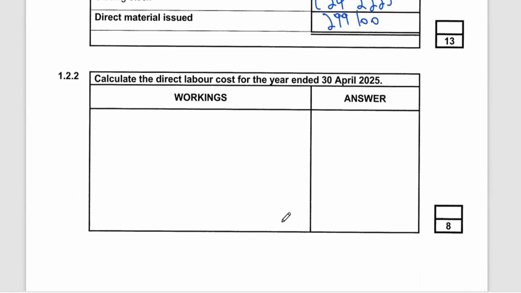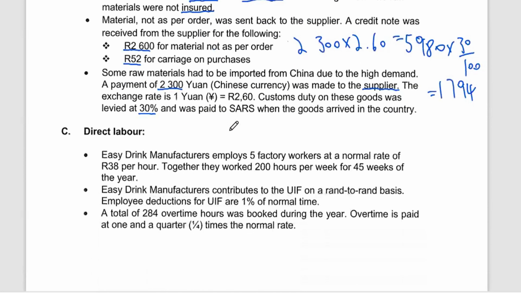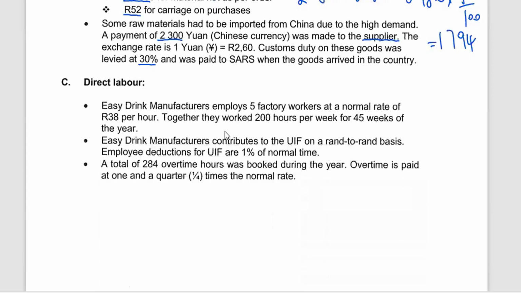So 1.1.2, we have to calculate our direct labor cost. So information for direct labor cost, it's our information C. Easy Drink Manufacturers employs 5 factory workers at a normal rate of 38 rand per hour. Together, they worked 200 hours per week for 45 weeks of the year.